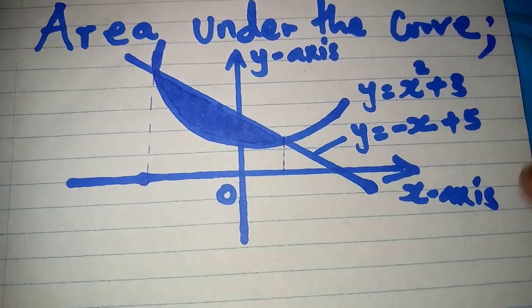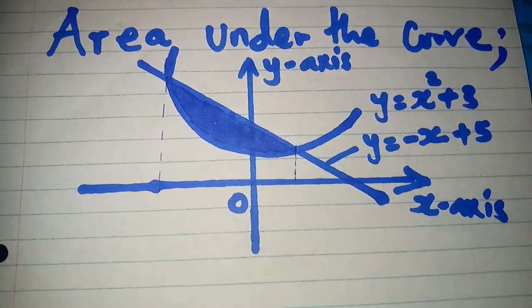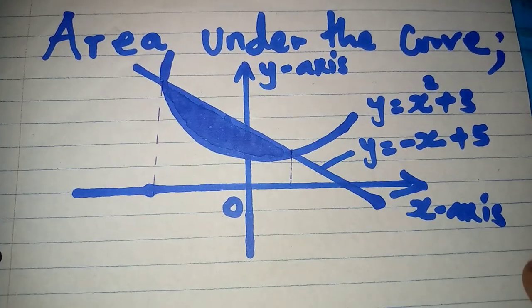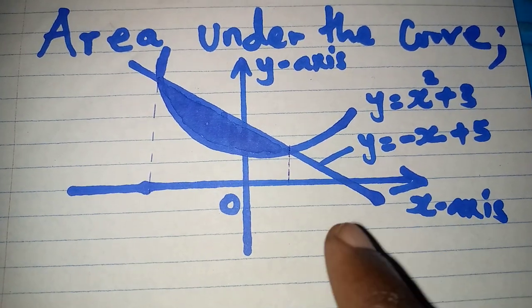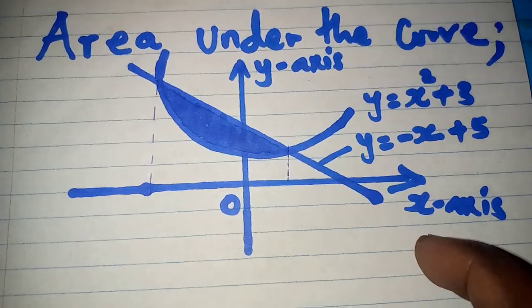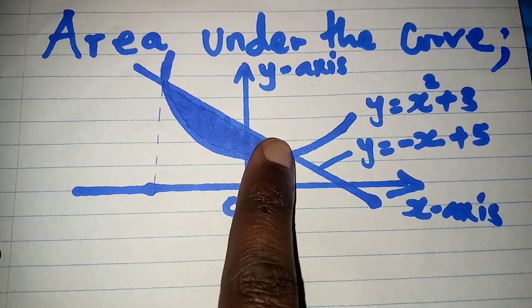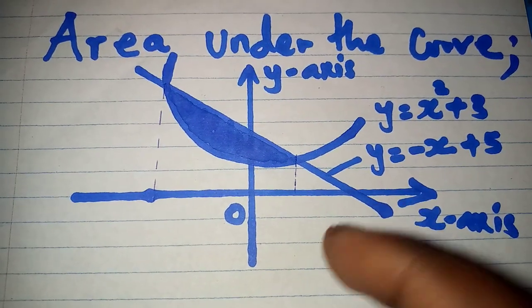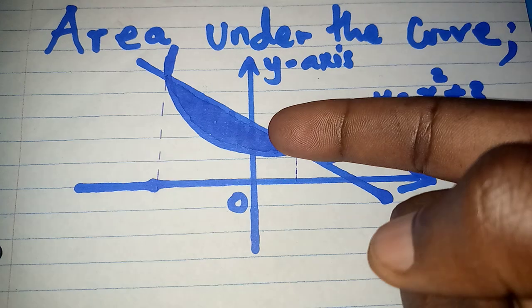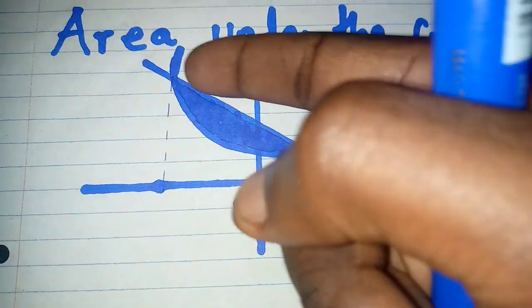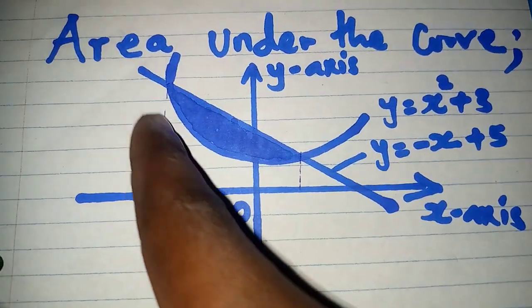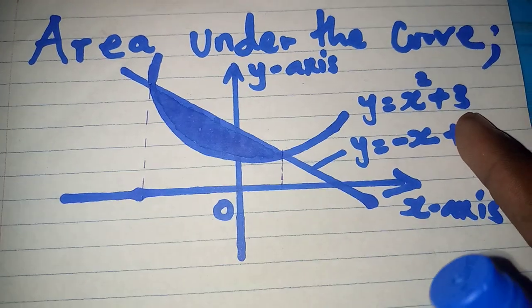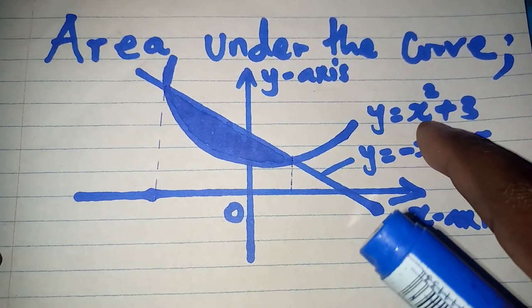Today I want to talk about area under the curve. You can be given a region in the Cartesian plane where one region has been shaded. This region is bounded by a straight line and a given curve, a quadratic curve.